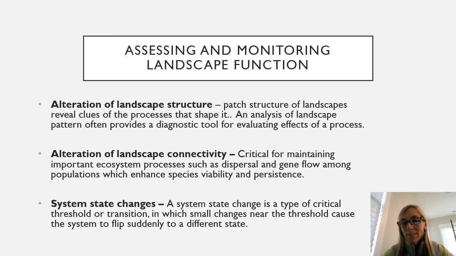System state changes such as movement from a grassland to desertification, or from a healthy lake to eutrophication of that lake. It would be ideal for us to be able to predict if we were getting close to a catastrophic state change, and of course implement management that would help us doing that. So there are early warning signs if we have a deep enough understanding of our systems.